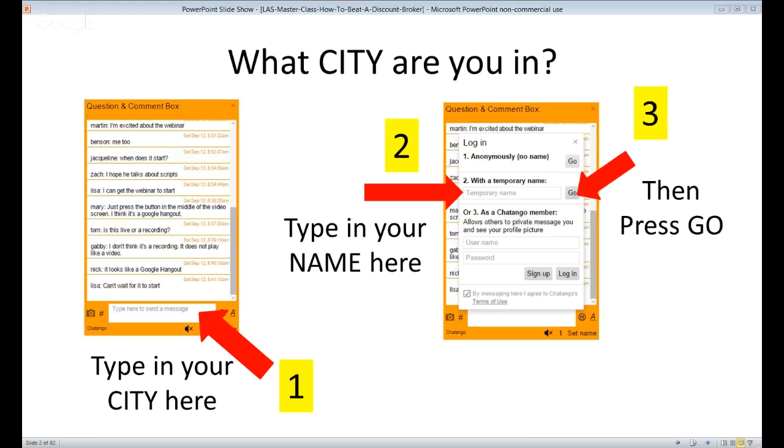Paris from Toronto, I apologize if I pronounced that wrong. I've got an anonymous hello. That's what happens if you don't put in your name, then it just comes up as anonymous. I've got another person here from Rochester, Minnesota.